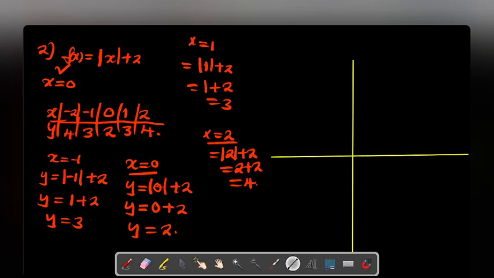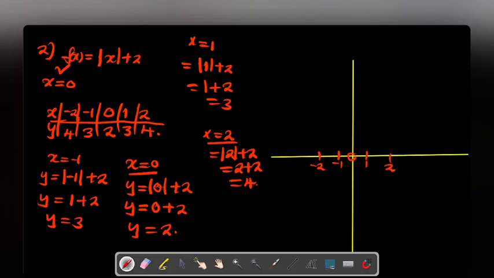Now we need to indicate our points. Like what I indicated, what you do is you indicate the values that you have. So on our table of values, these are the x values that we have. So here we'll have -1, then -2, then here we have 1, then a 2.